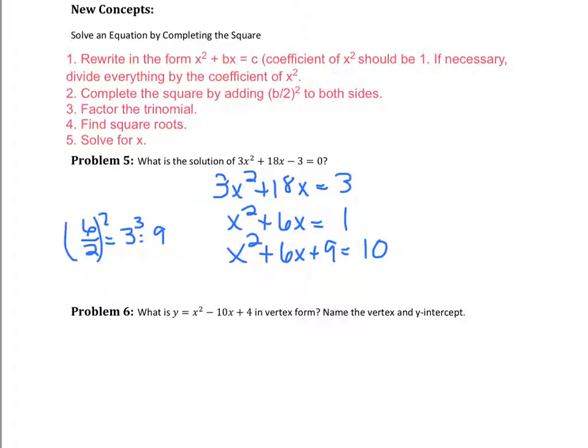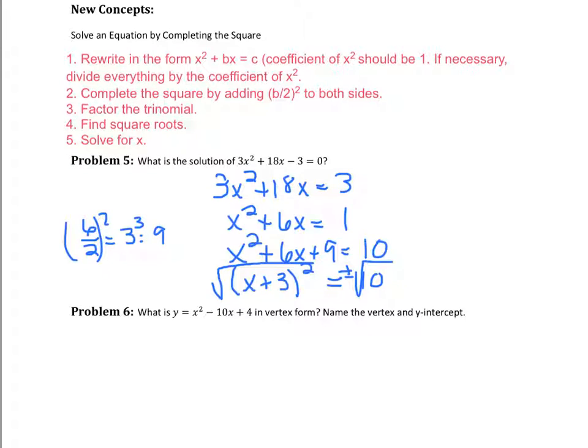Now we're going to factor the trinomial, and x squared plus 6x plus 9 would be x plus 3 times x plus 3, which is x plus 3 quantity squared. And then 1 plus 9 on the right-hand side of the equal sign is 10. So I have x plus 3 squared equal to 10. To solve this, we take the square root of both sides.